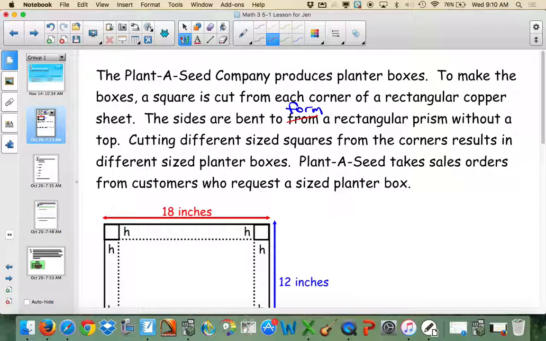Cutting different sized squares from the corners results in different sized planter boxes, and then Plant A Seed takes sales orders from customers who request a sized planter box, specific to whatever their needs may be.